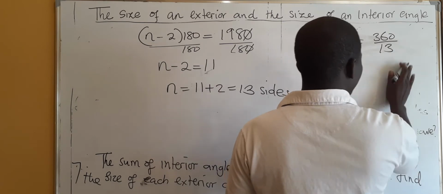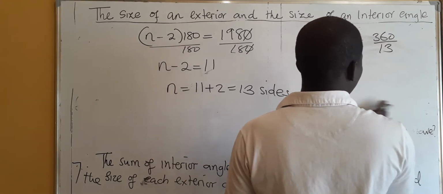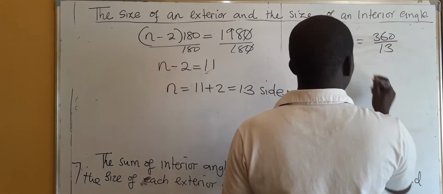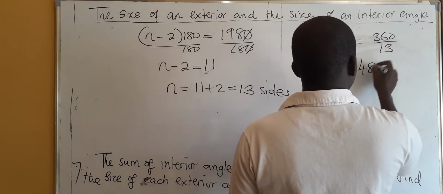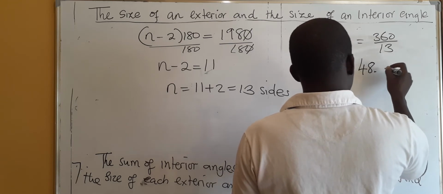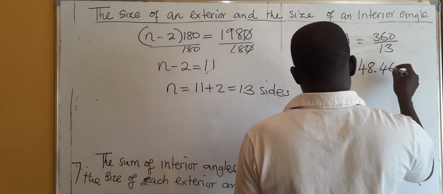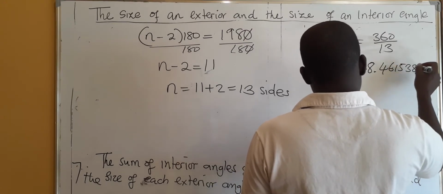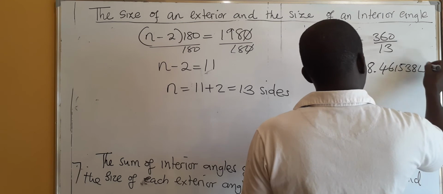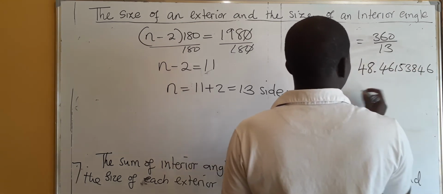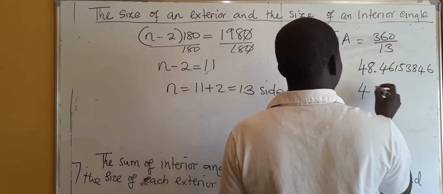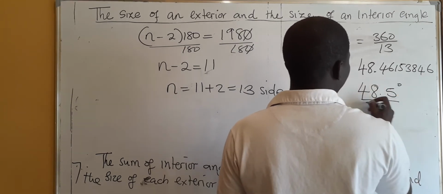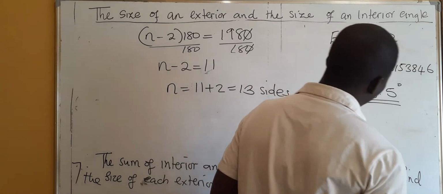Now, the challenge is only that it will give you a decimal number. That is why I'm very sure that if it were in an exam, they would avoid it. The answer is, just as it appears on the calculator, 27.6923..., so you can write it as 27.7 degrees, rounded off to 1 decimal place.